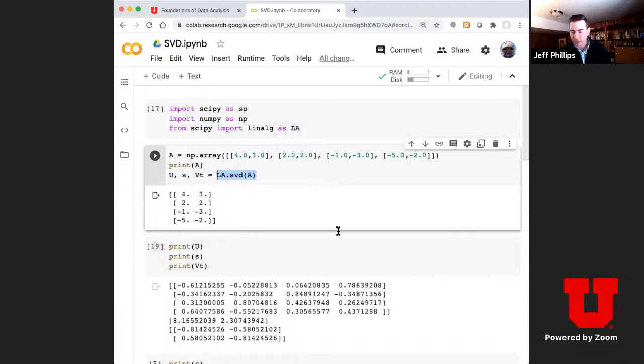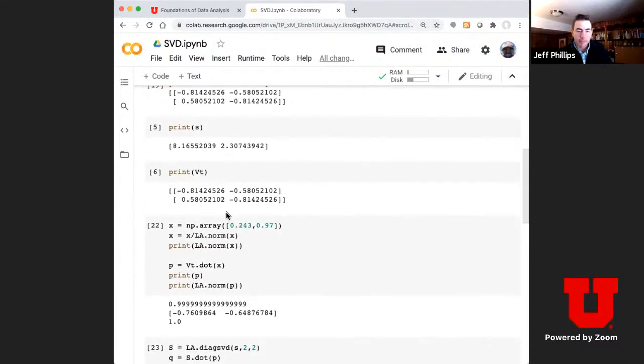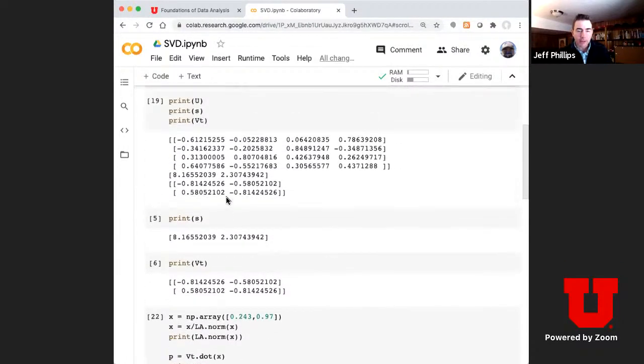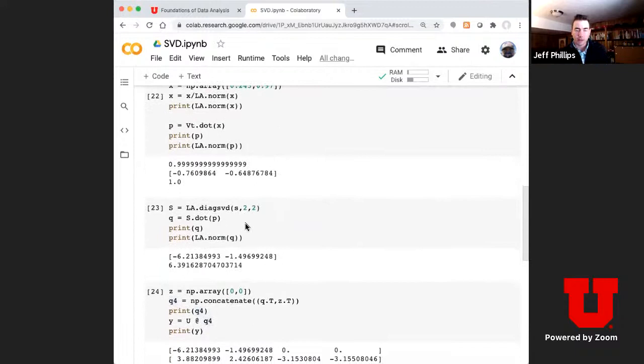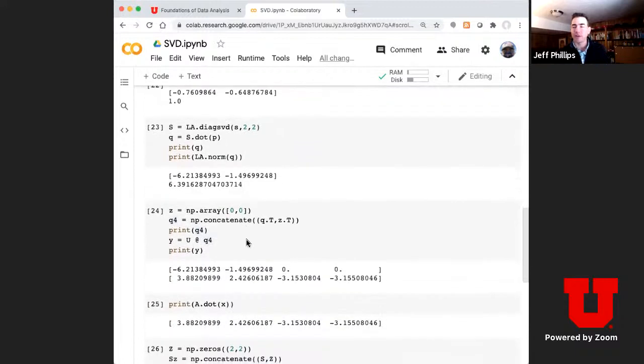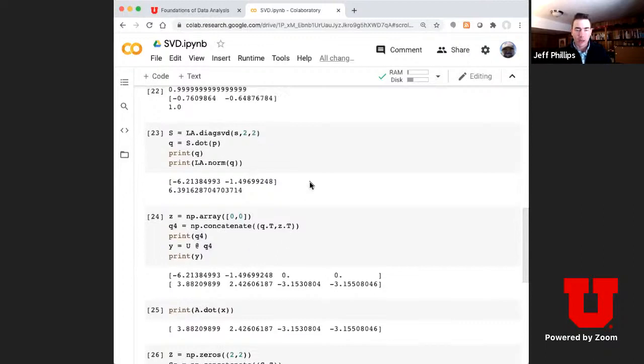Okay, any quick questions? I can't see the chat. Let me reopen the chat here. Okay, someone says that S isn't what's in the slides. Let's print S. Yeah, I think that's the same. The S is only different in that it doesn't have all the zeros in it, but otherwise those are the same numbers.